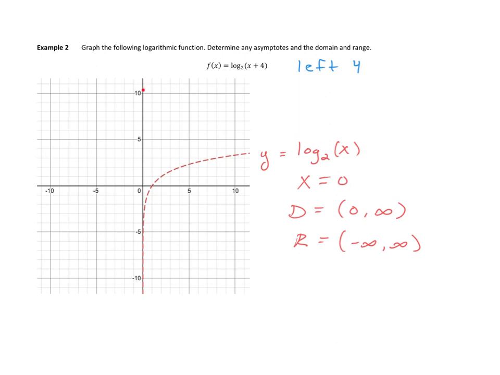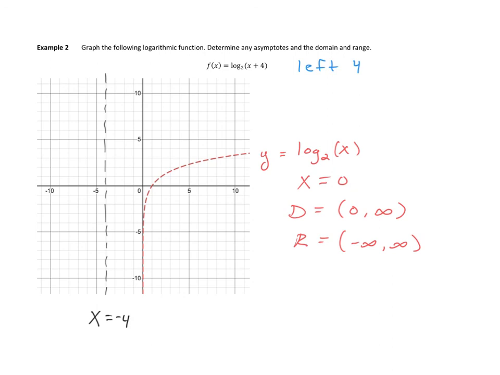Well, if x equals 0 is the vertical asymptote, and we move it 1, 2, 3, 4 places to the left, probably no surprise that it's now at x equals negative 4. So I'll put that in here like this. Here is the vertical asymptote. Now let's move a couple of points.